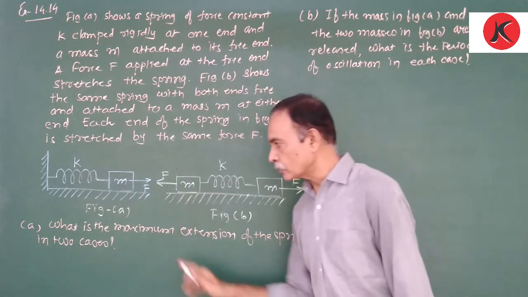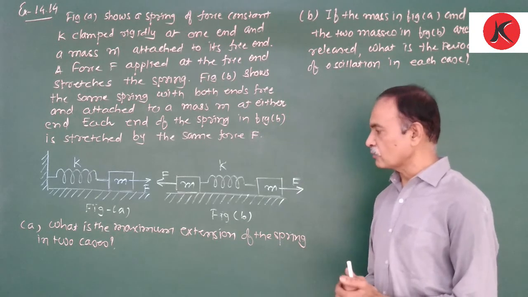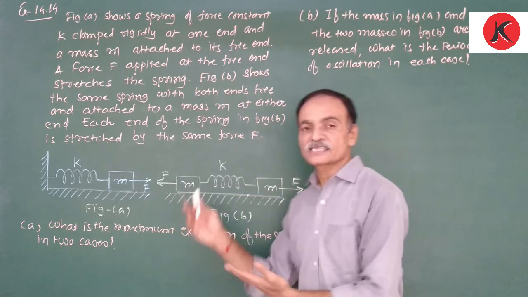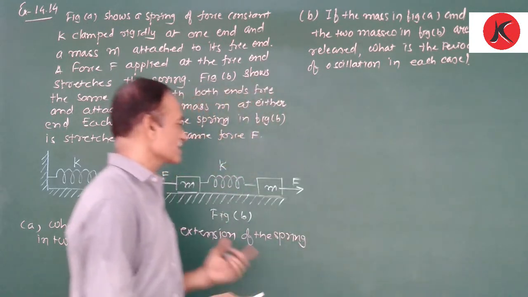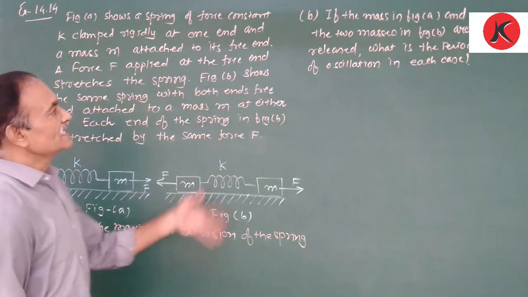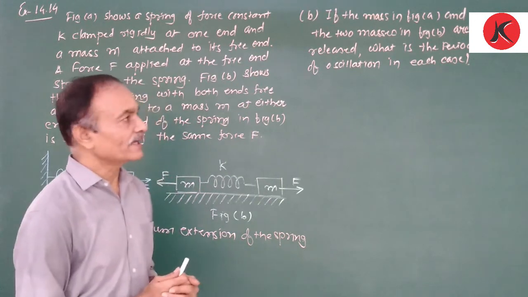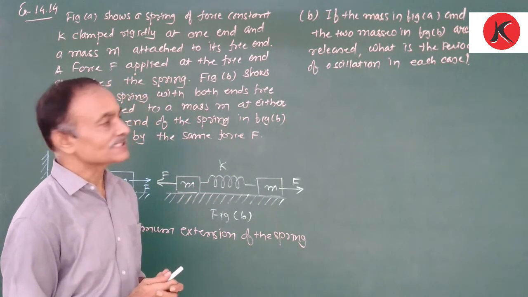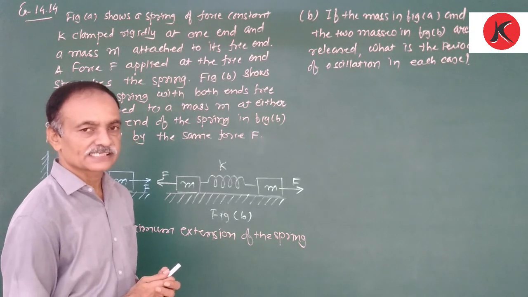First, we have to find out the maximum extension of the spring in both cases, due to the applied external force. Second, if the mass in figure A and the two masses in figure B are released, what is the period of oscillation in each case?